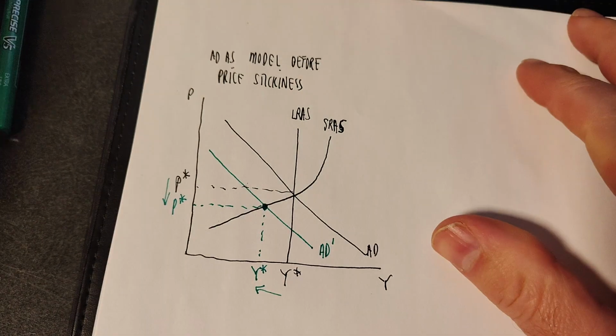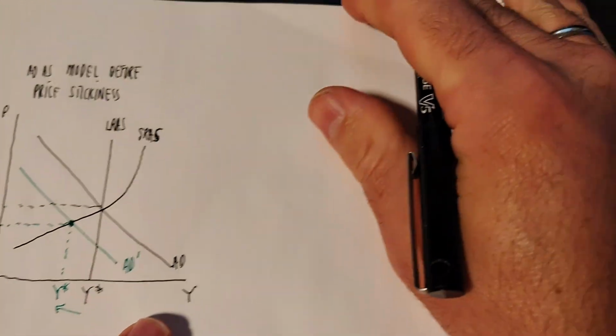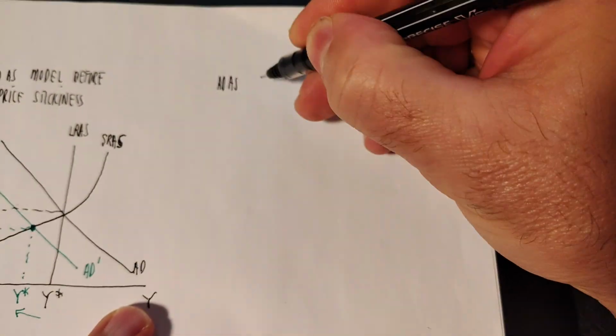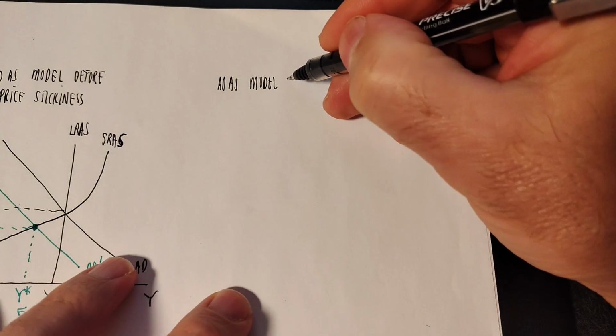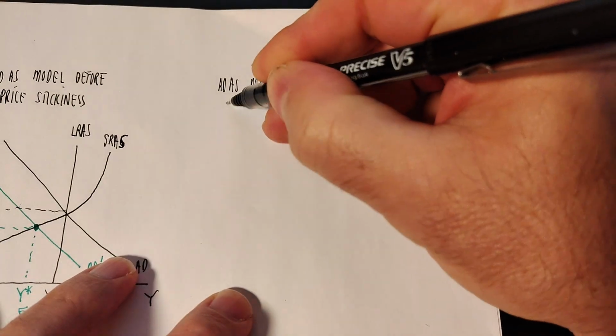All right? So compare and contrast that now with the aggregate demand, aggregate supply model with the Keynesian flavor, now with price stickiness.